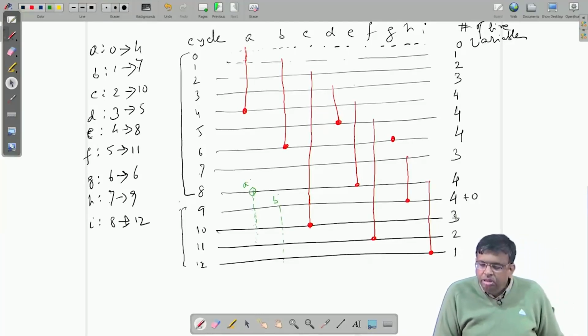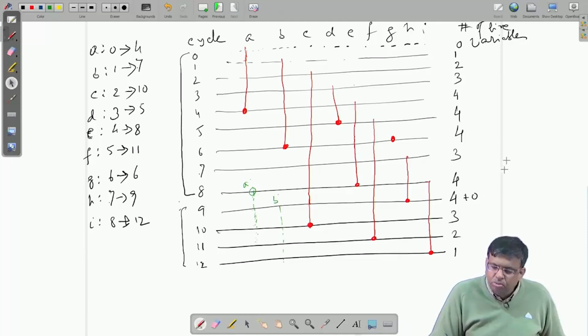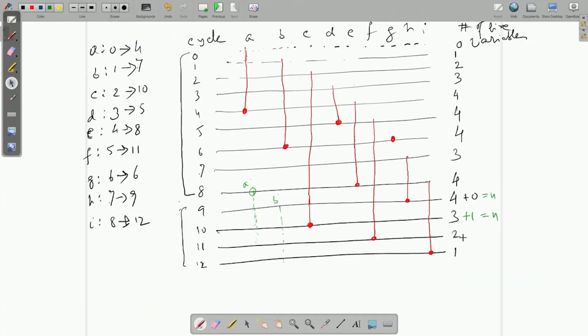Then 3, you go back by 9, so it was 10, if you go back by 9 you have 1. So, 3 plus 1, this is 4. 2, if you go back by 9, this is 11, so you have to go to line 2, and here figure also 2. So, 2 plus 2, 4, and 1 which is in 12, if you go back by 9, you go to line 3, and this is 3. So, 1 plus 3, 4.